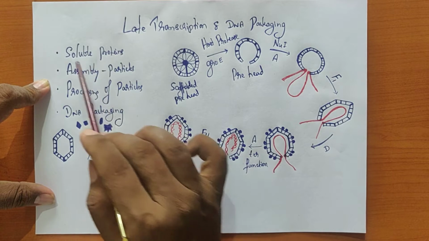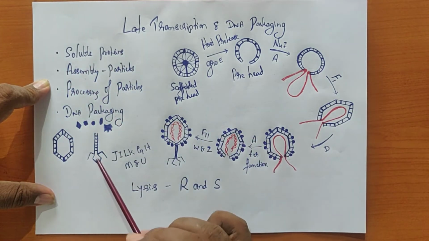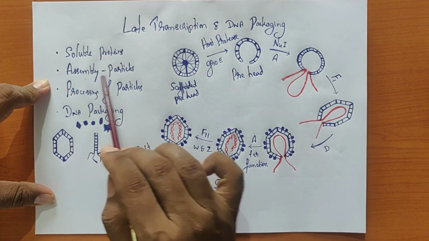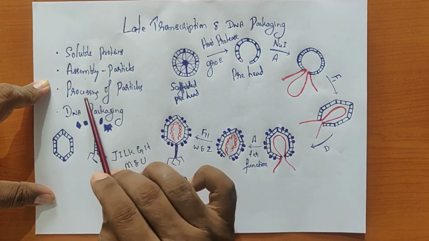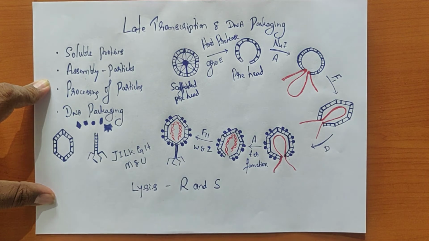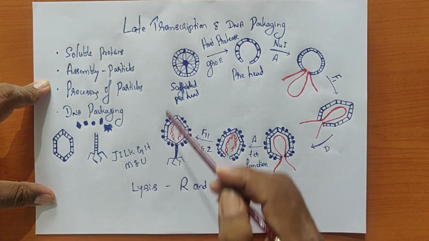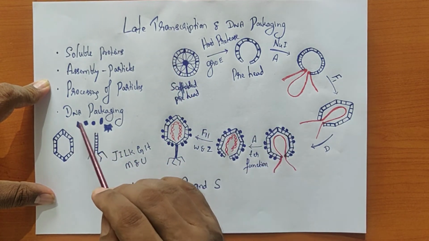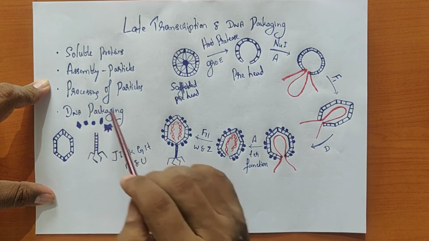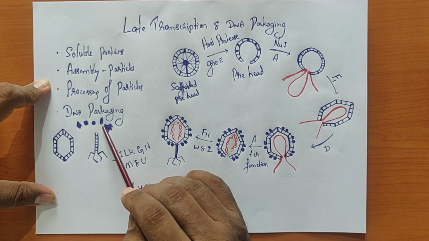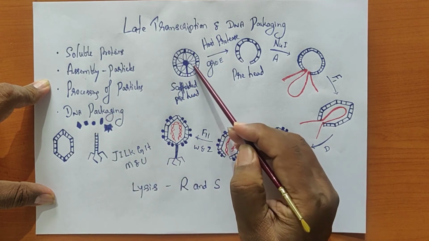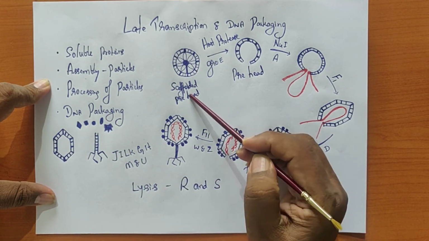We are going to study how the soluble proteins are formed, what assembly particles we can characterize, and how these assembly particles are processed so that DNA is packaged. They identified that all of them are present in soluble form, but the earliest precursor they could identify and characterize is the scaffolded prehead.